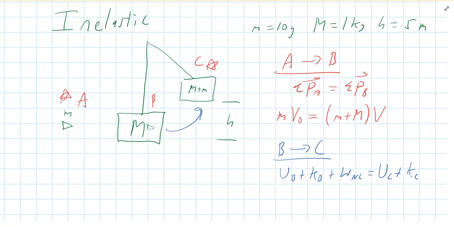Well, it's not conservation of momentum and it's not conservation of energy. You're going to use Newton's laws of motion, primarily Newton's second law. So you're going to draw an FBD, and you're going to do net force equals ma.